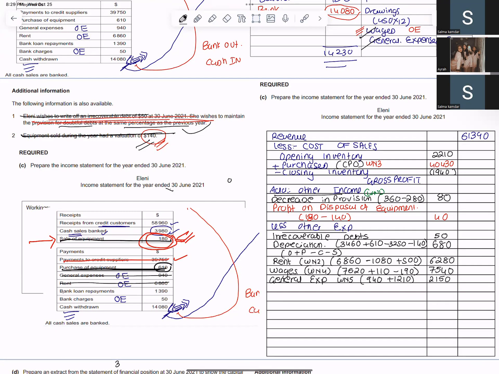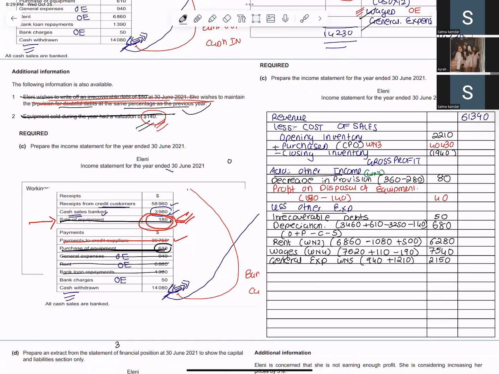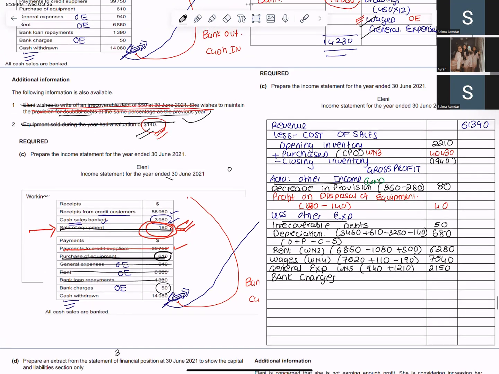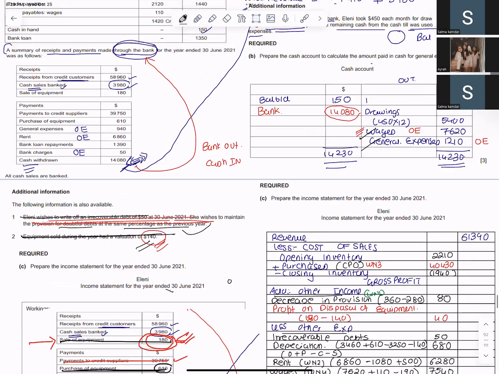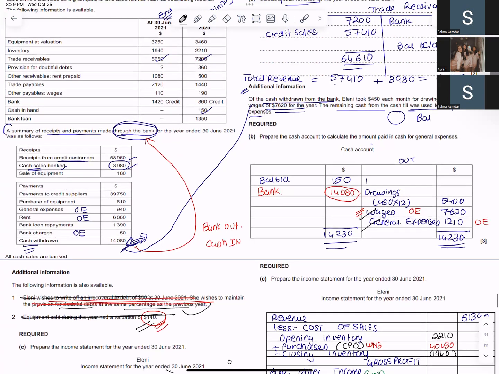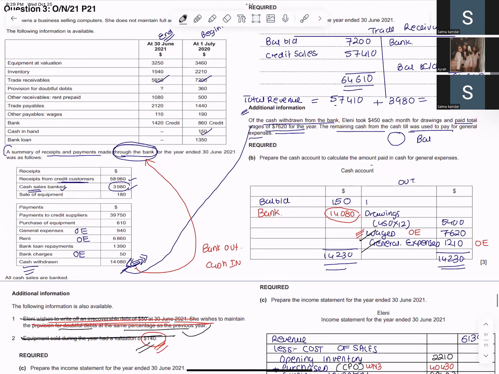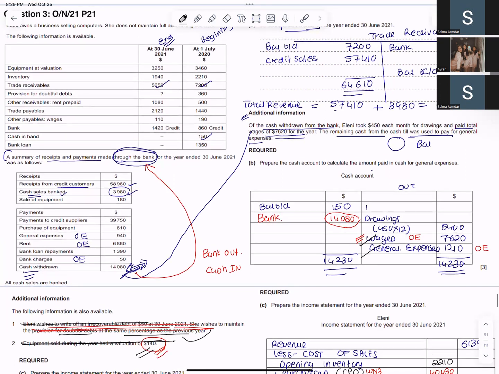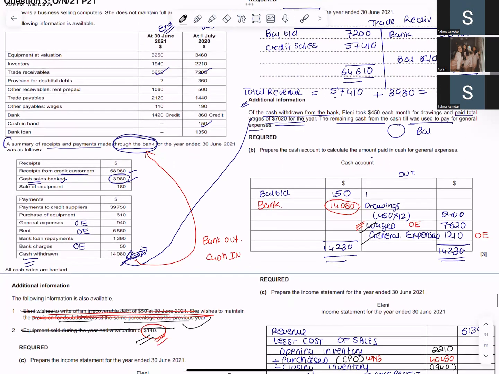Bank loan repayment, it is a capital loan payment, done. Bank charges, 50 will come. Is anything related to bank charges there? Nope. Anything else that is related to bank charges? Not there.